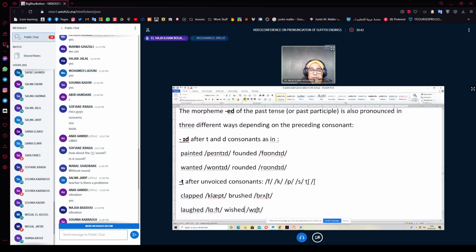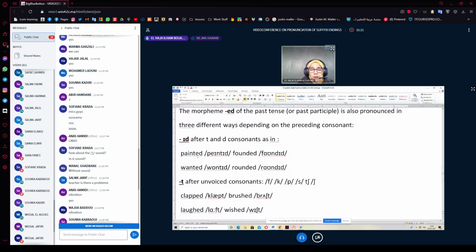Why? Because when preceded by t or d, the -ed morpheme of the past tense in English is pronounced as id. This is the same case as the plural. Because here we have a cluster of consonants that are nearly similar in terms of production. When I say painted, can you say it without this e? It seems difficult.